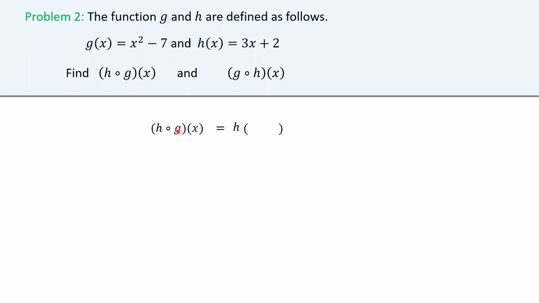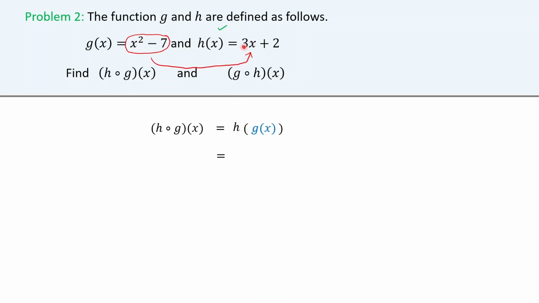Inside, put the second function, g of x. Now we need to find this. This is equal to, go to the function h. You need to substitute g of x for x. G of x is x squared minus 7. So you need to substitute this for x.